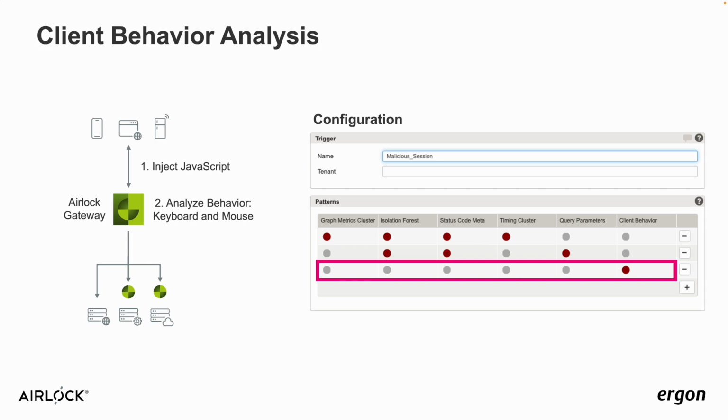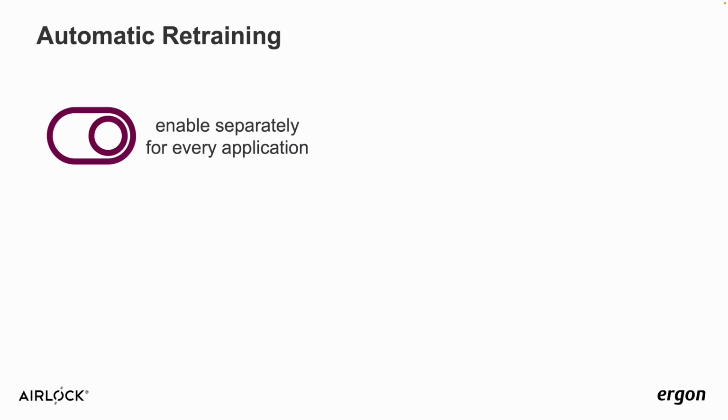A second feature, or a life improvement feature that we added, is automatic retraining. When we talk to customers that are engaging with the Anomaly Shield, that are deploying it for the first time, one of the questions that often arises is whether it's necessary to retrain the Anomaly Shield every once in a while.